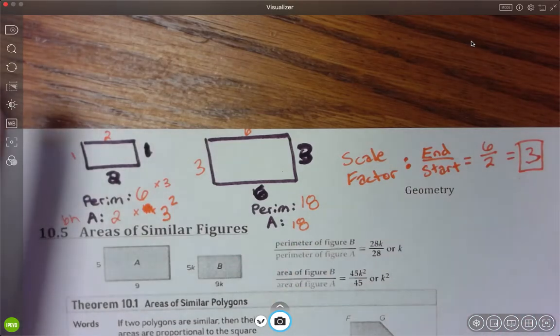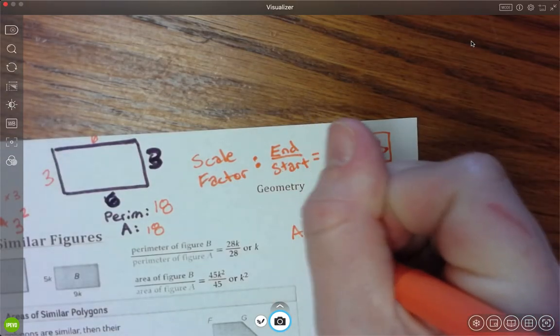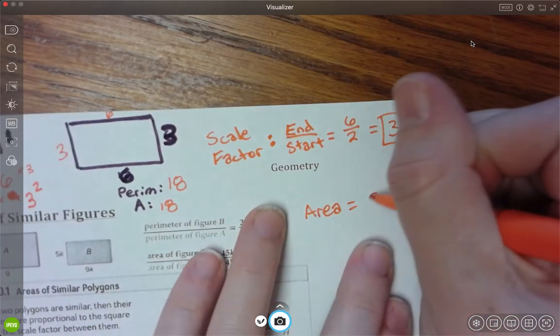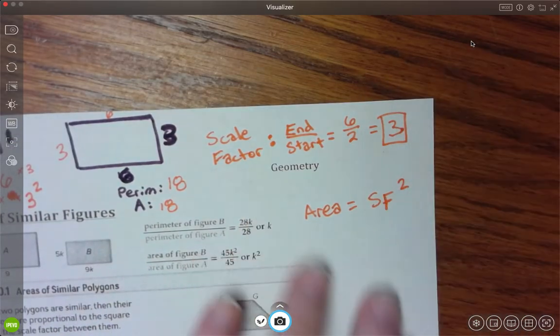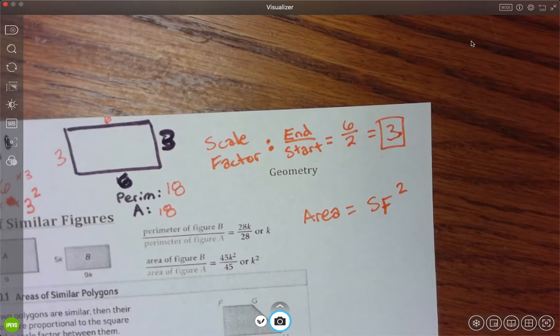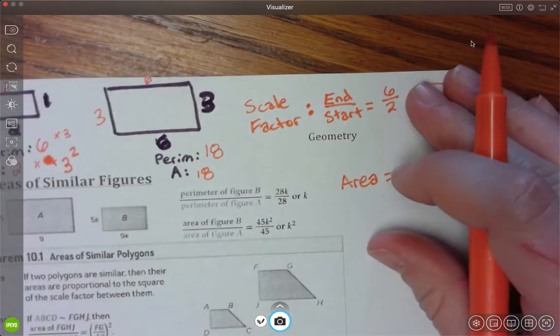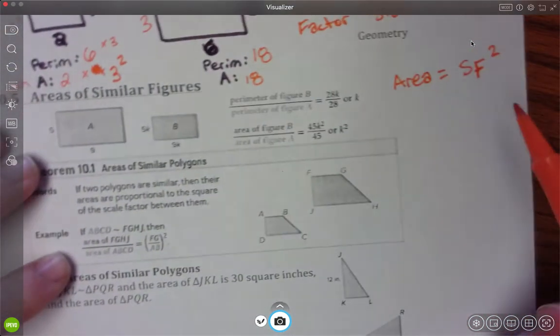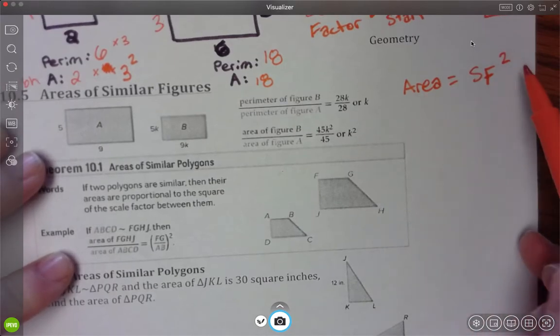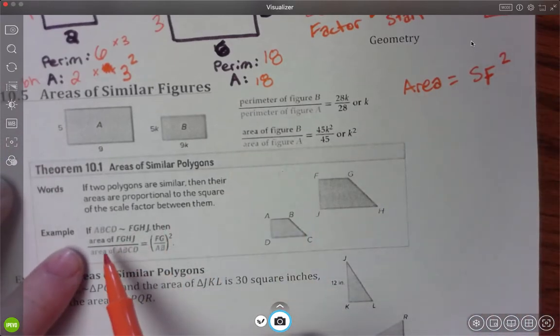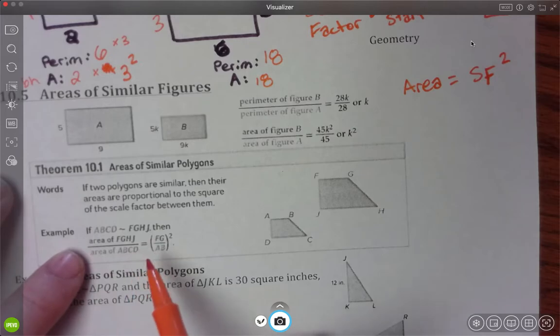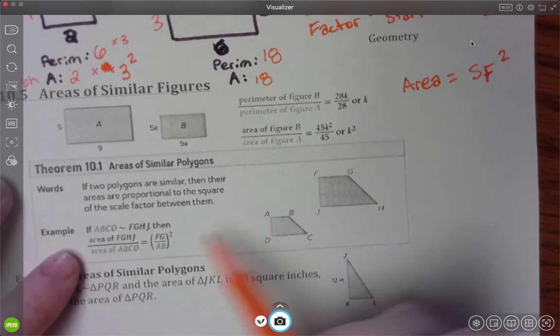So the area equals scale factor squared. That's what it will look like, okay? What we can do is set this up as a proportion when we're looking at our two areas.